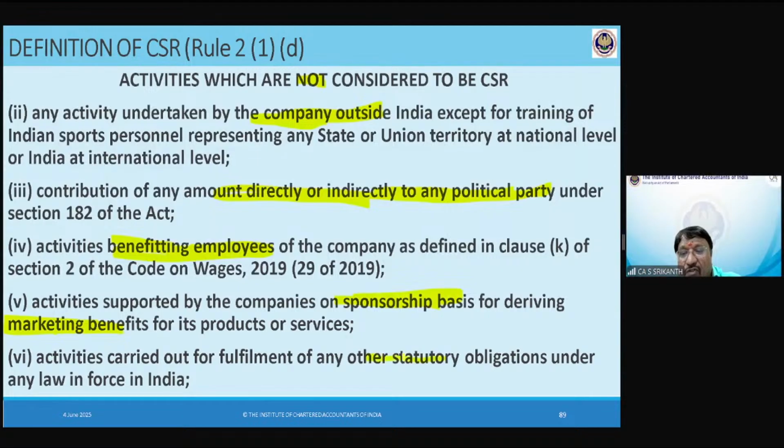Activities carried out in fulfillment of any other statutory obligation under any law. Actually, compulsory CSR is itself a statutory obligation. Anyway, welcome to the convoluted world of the MCA.